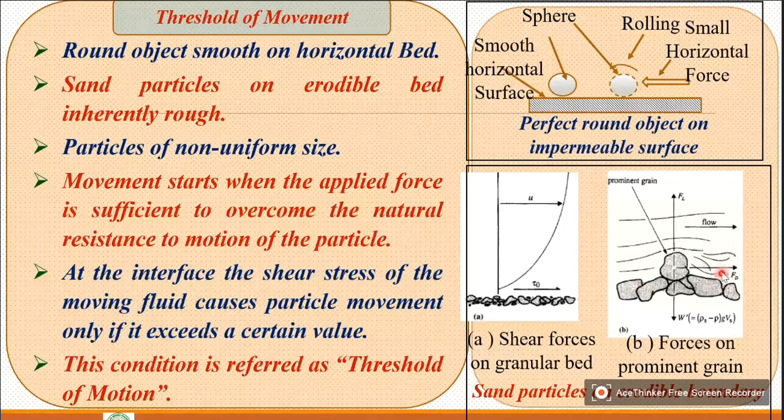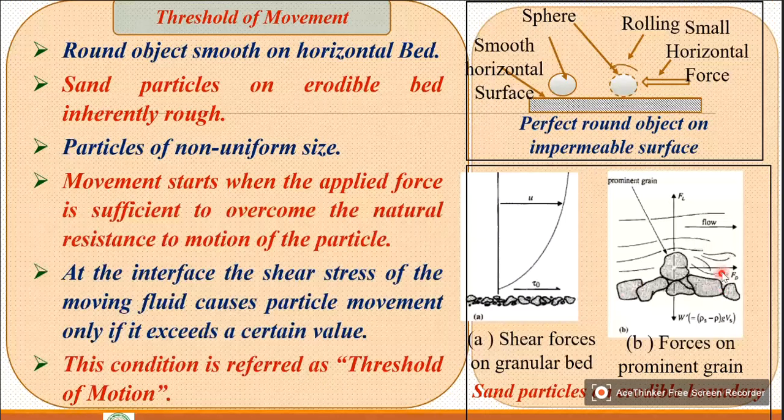Now, if you consider the velocity distribution, if you recall your AFM concepts, the velocity will be varying from 0 to a certain maximum value. When you consider the bed to be either smooth or rough, the flow is always turbulent.